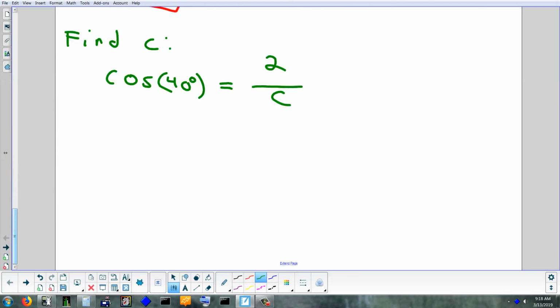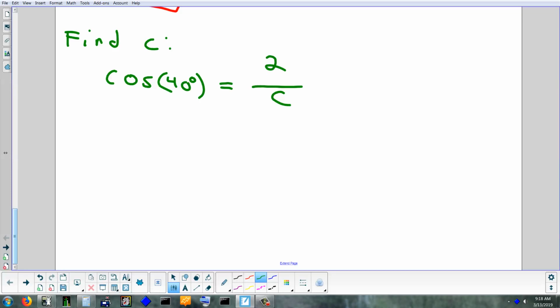Okay, so we're going to do the same thing we did last time. First thing you want to do is get rid of that fraction on the right-hand side. So you're going to put C on the left. So Jake, how could I move the C to the other side? Well, what operation do I have right here?